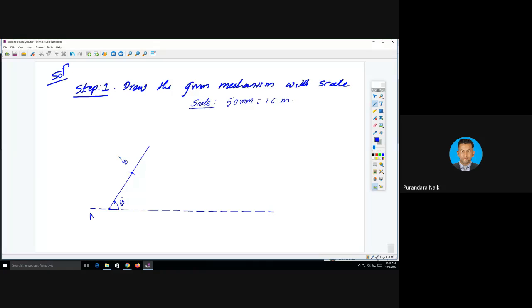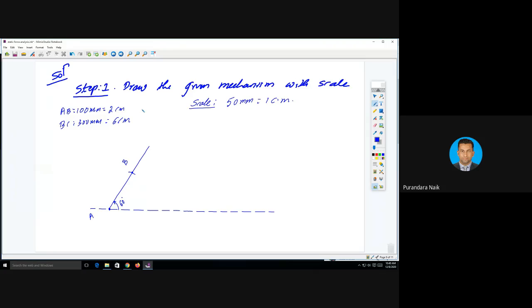Next is BC length. BC length is 300 millimeter, and AB is 100. If you convert that into scale, AB is 2 centimeter, and BC according to the scale will be 6 centimeter. Take 6 centimeter in the compass and cut the length.